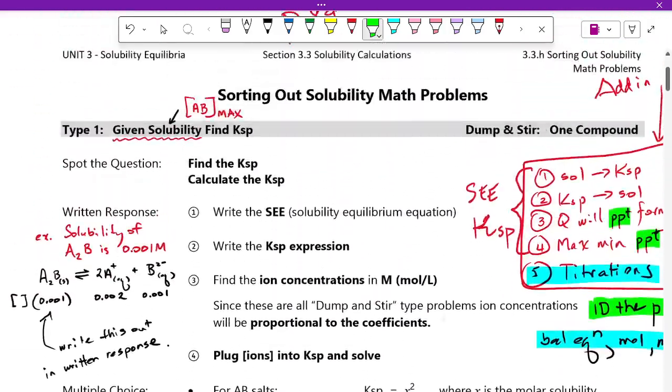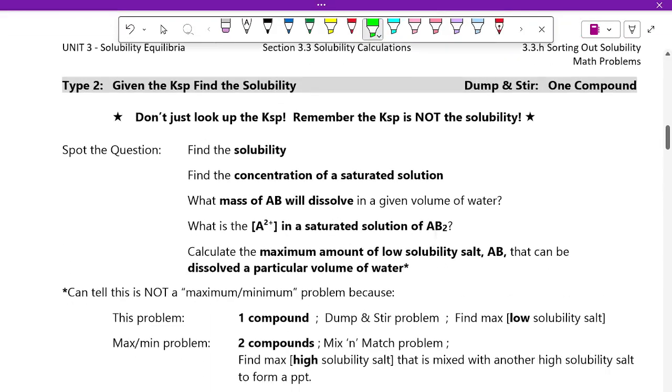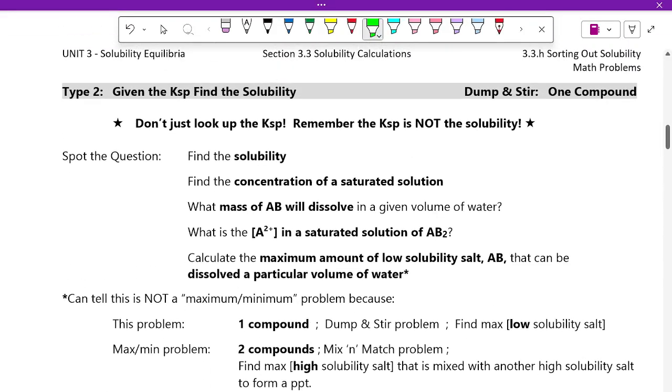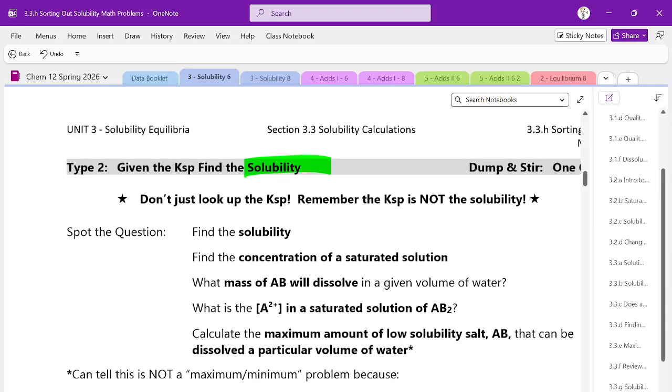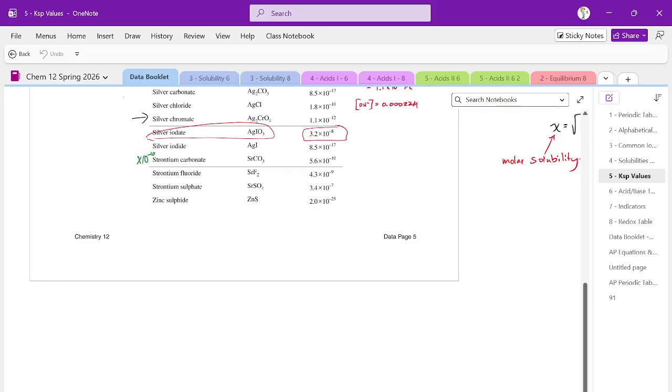Okay, type 2 is going backwards, KSP to solubility. Do not just look up the KSP. Sometimes people are like, oh, I need to find the solubility. And so they'll look on the table and let's say it was lead iodide, and it says, find the solubility of lead iodide.